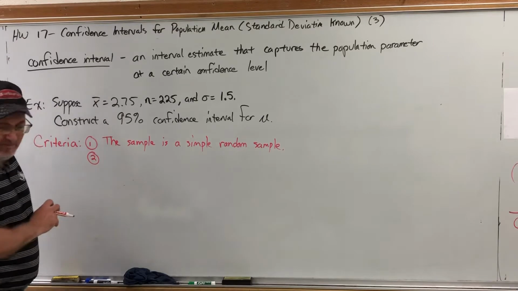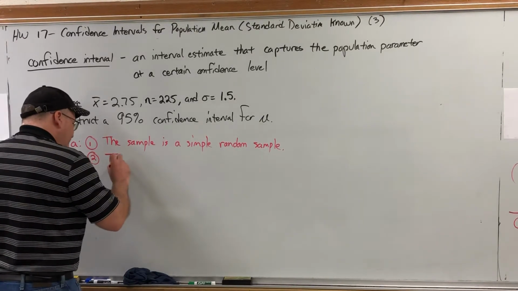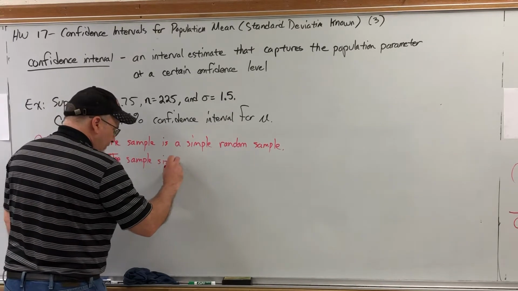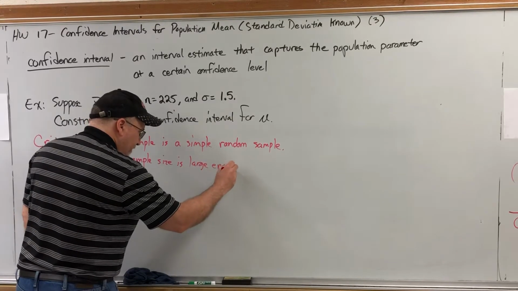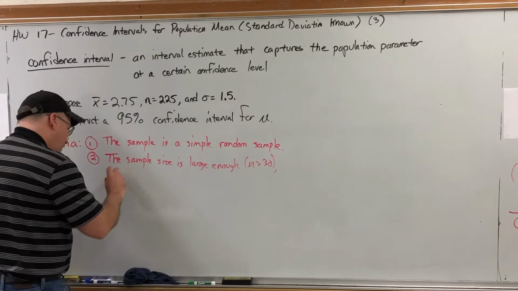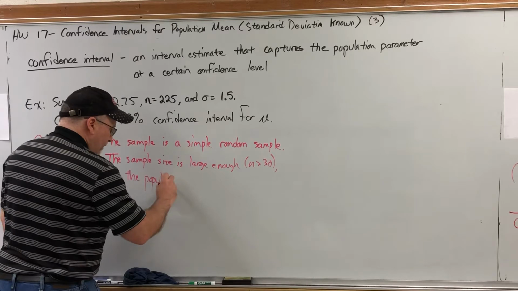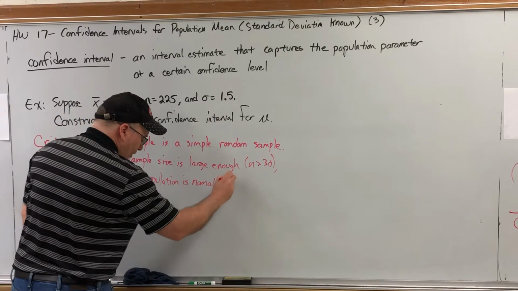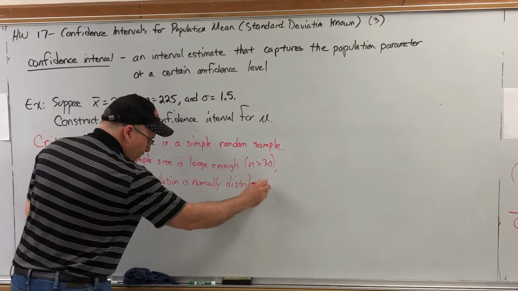Criteria number two. The sample size is large enough, and large enough means greater than 30, or the population is normally distributed.